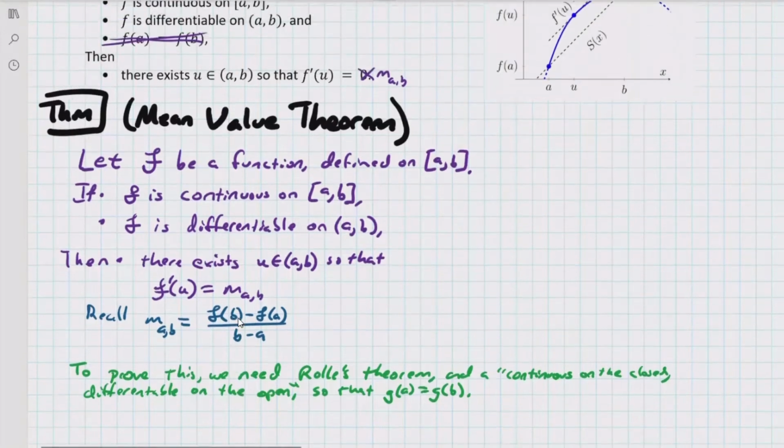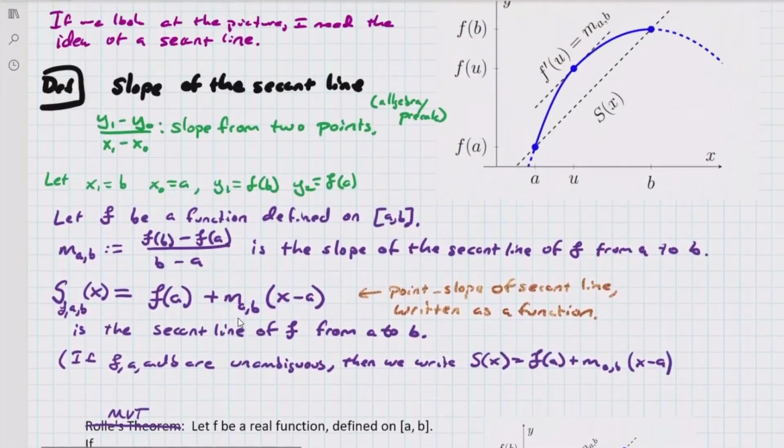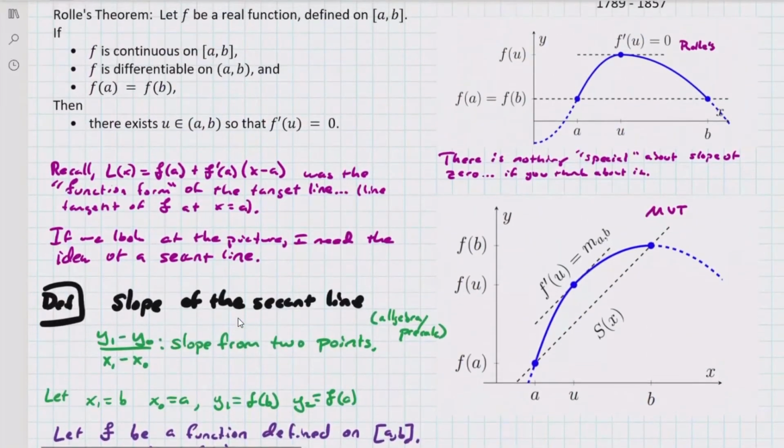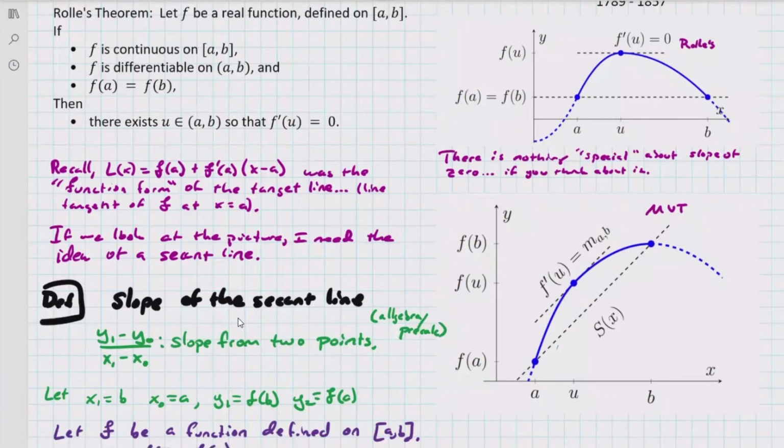Well, if I look back up at my chart, what's the difference between this and this? And I mean that as a pun. What's the difference between this picture and that picture? What is the difference between this f and this f?